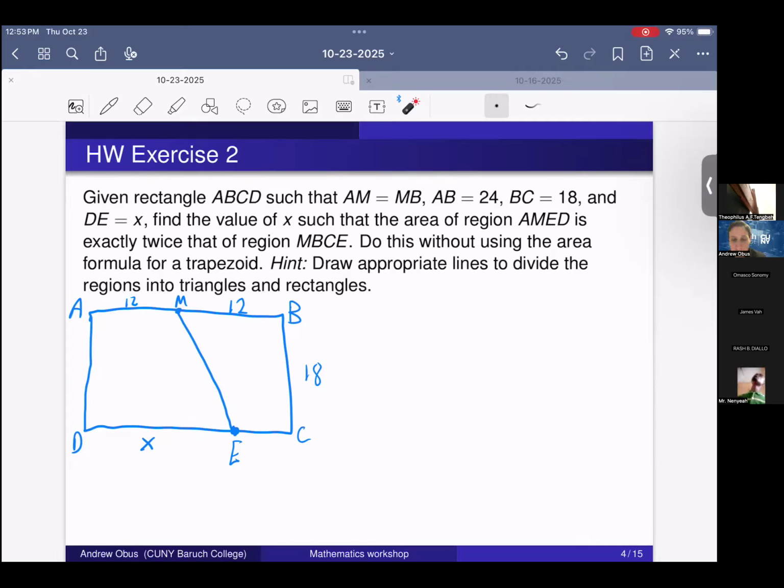Okay? So does someone want to tell me what lines I should draw? Ideally, we're going to get an expression for this area in terms of x, and an expression for this area in terms of x. And so in order to do that, if we want to break it into triangles and rectangles, what line should I draw to be able to do this?